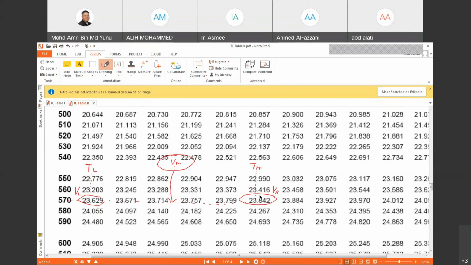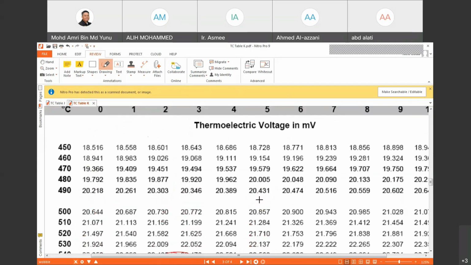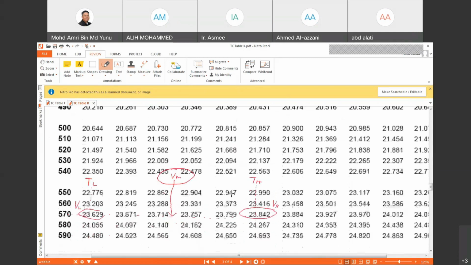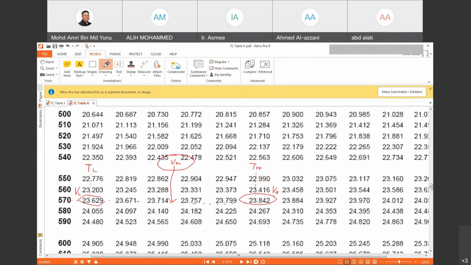Our VH, we choose here, 23.84 millivolt, and the TH is 570 plus 5, 575. Okay, so we come back.